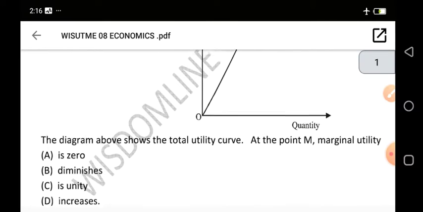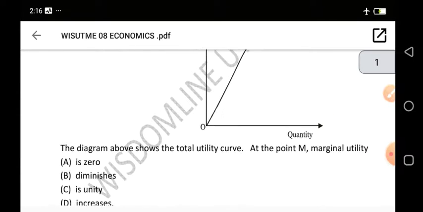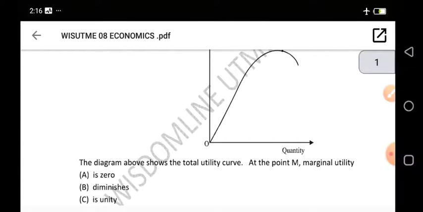So let's look at the question. It said the diagram above shows the total utility curve. At point M, marginal utility is what?